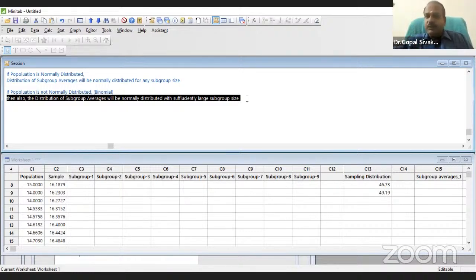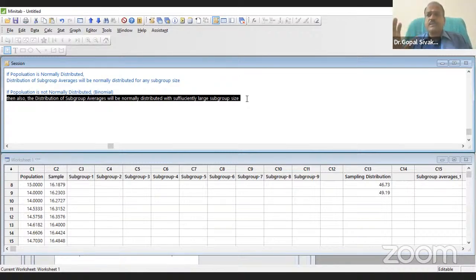Definitely before the number becomes 2 digits, you will see the curve becoming normal. This is called the central limit theorem. Always the distribution of subgroup averages, called the sampling distribution, will follow normal distribution. Only requirement is subgroup size should be sufficiently large.